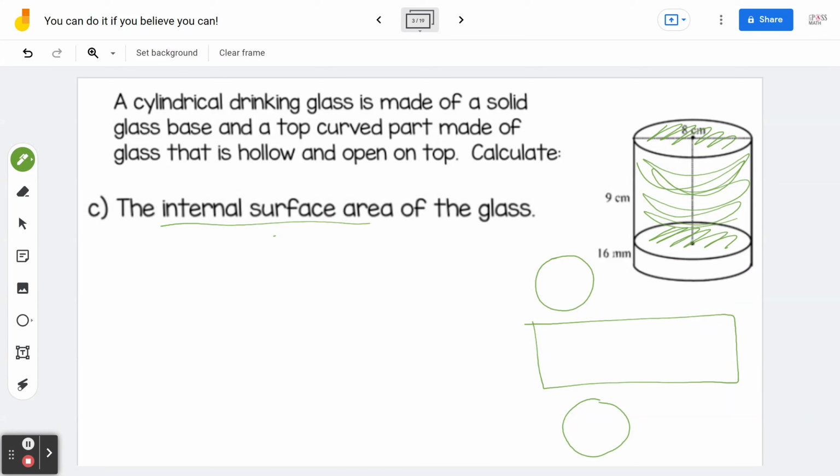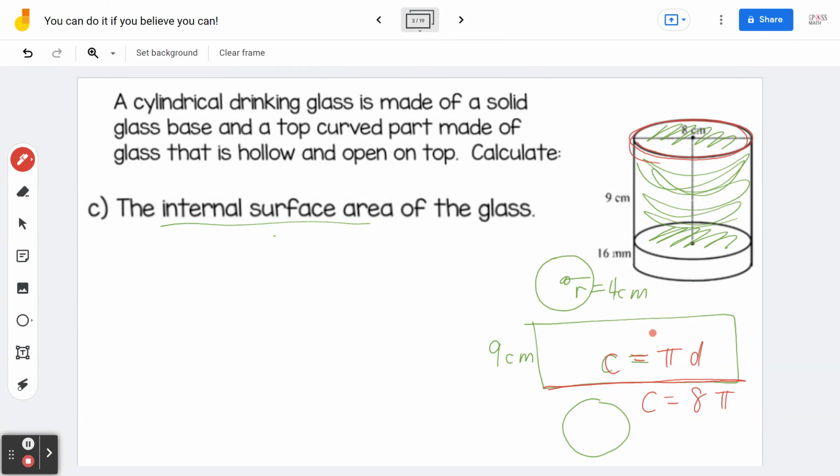So again, let's break it down. The radius is going to be 4 centimeters, and the height is going to be 9 centimeters. This is basically the circumference, and I'll grab a different color for you. When you draw this line, that's the circumference of a circle, which is pi times diameter, so in this case, 8 times pi.